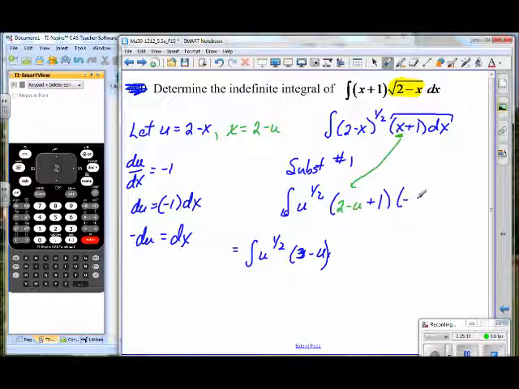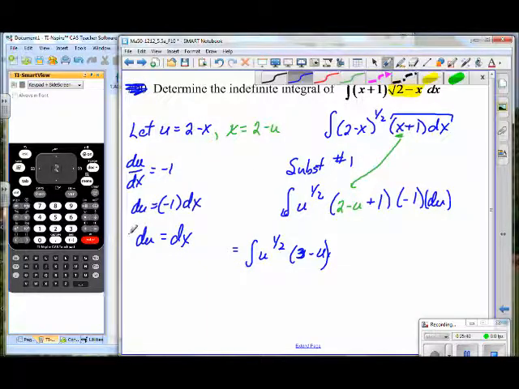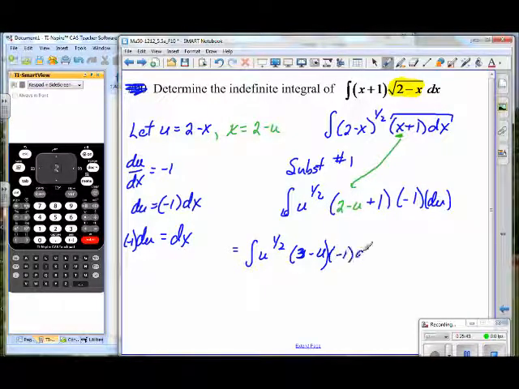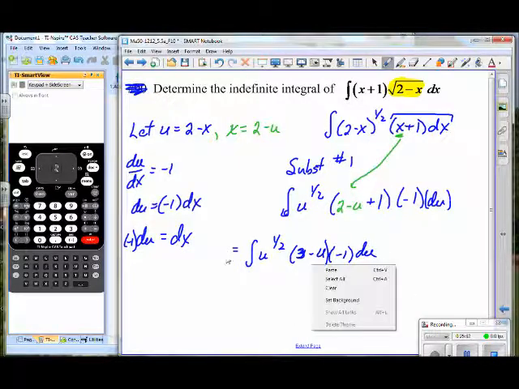So now I can write negative 1 there, du. We'll just put a negative 1 in here in case we go back and look at that and wonder where that came from. And so I have u to the 1/2, 3 minus u, and then negative 1 du.